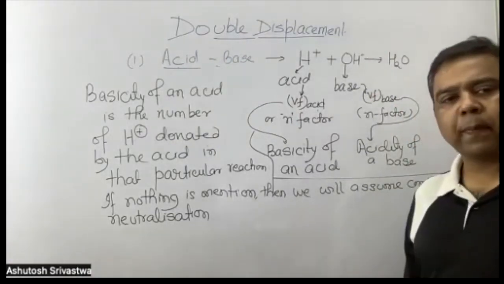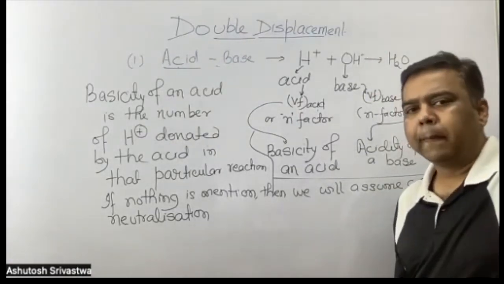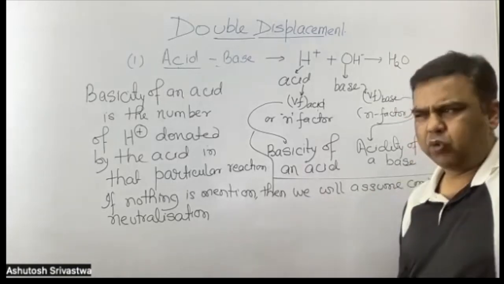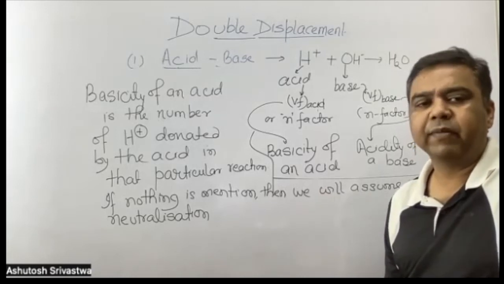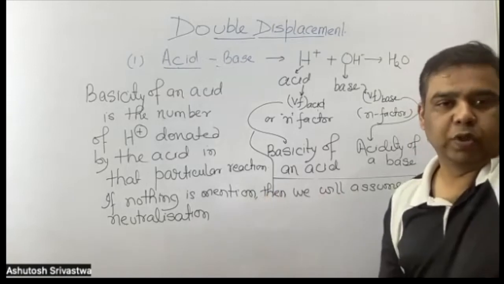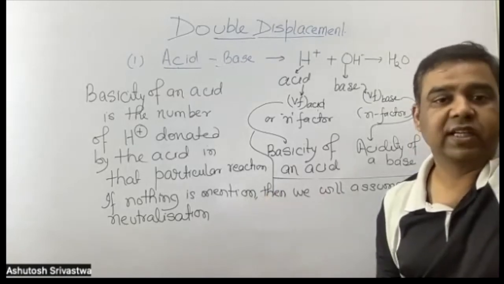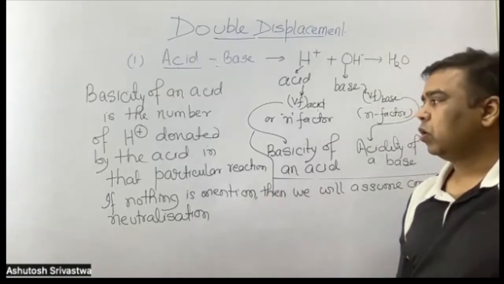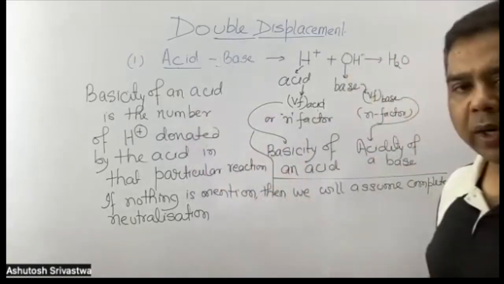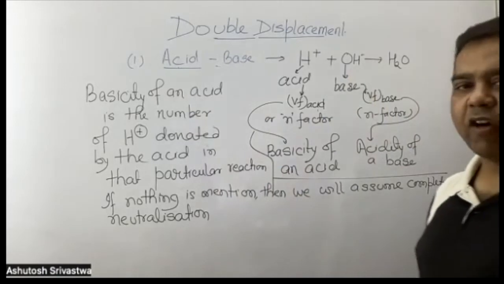If somebody asks the basicity of H2SO4 and does not give anything else, you will assume he wants everything to be complete. So the maximum basicity must be 2, because it contains 2 H plus which can be ionized. This is important to understand: what is basicity of an acid.